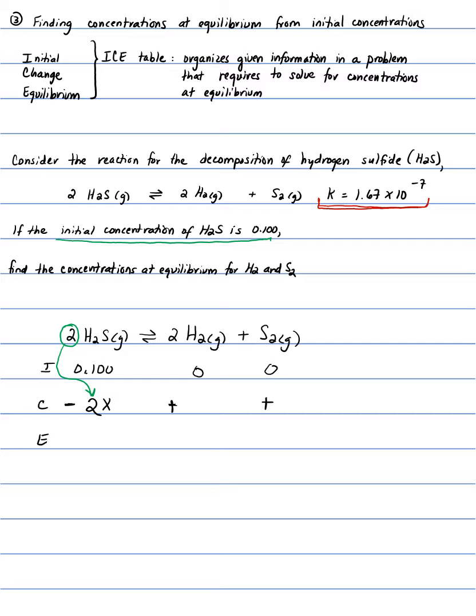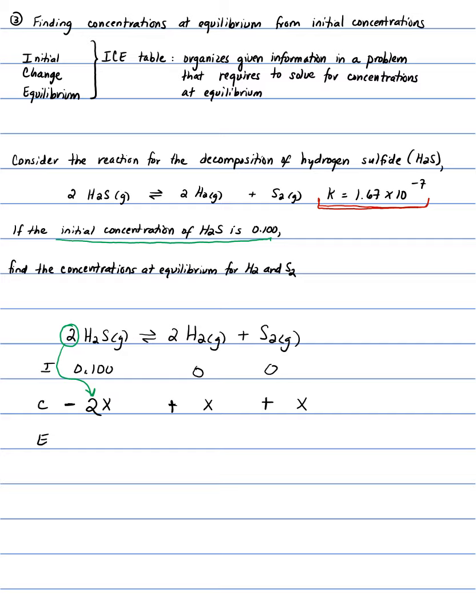By how much the concentration of your products is increasing, we don't know, but the products are being formed from the reactant. So if the reactant concentration is changing by an X amount, the concentration of your products is going to be increasing also by an X amount. You're getting the products from the reactant. Whatever amount of reactant is being used up, it's being used up to form the products.